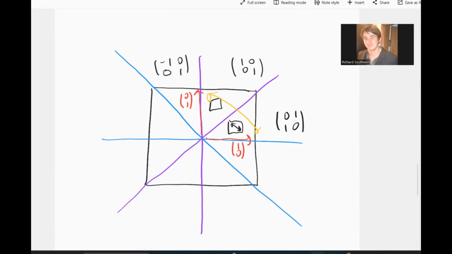And then we write the images of this and this as the first and second columns, respectively, of our matrix. So the first column of our matrix is the image of this vector here, which is this vector here. That's why that's 0, 1. And similarly, this is 1, 0, because 1, 0 is the image of this vector here.